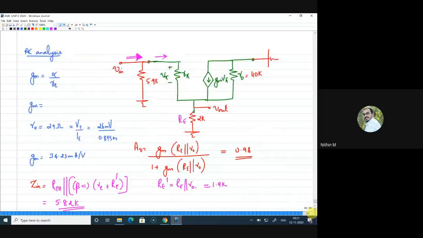I think you should get Z in as 5.82K. Whatever huge resistance you have, including RTH, it will be less only because of these biasing resistors. Or one of you can tell me what is the resistance value without this RTH, only for this beta plus 1 into r e plus Re dash?